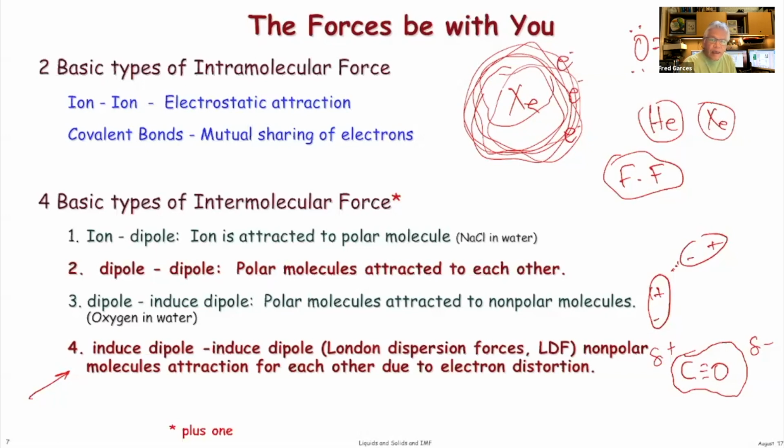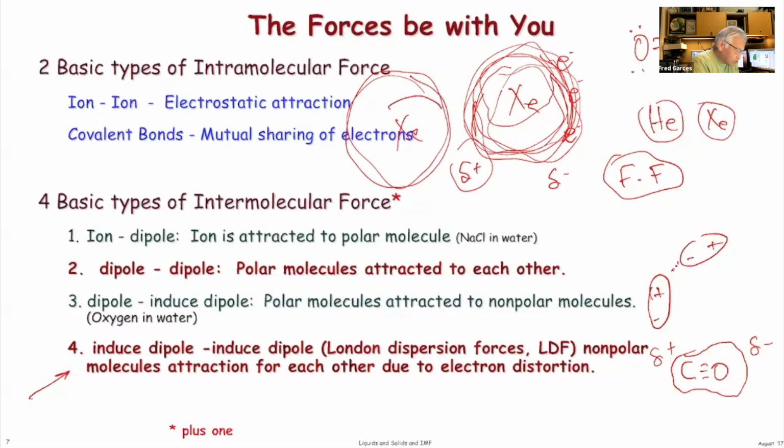And when they bunch up, this part of the atom, or this part of the nonpolar, because this is especially true for nonpolar, but it's also true for polar chemicals, because polar chemicals have electrons, this part of the chemical will be more negative than this side, which is lacking, and that'd be partially positive. Well, what that does is that a nearby xenon atom will recognize that this part is lacking electrons, partially positive, and so all the electrons are going to bunch into that side, and that side now becomes partially negative.